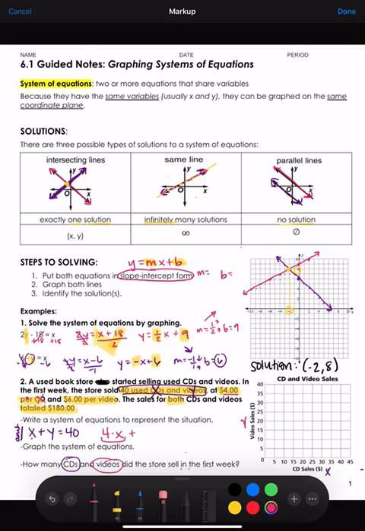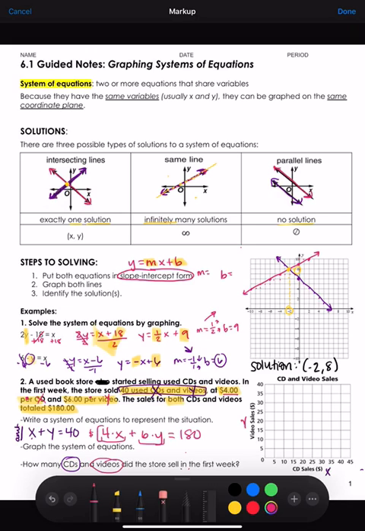And then also, they charged $6 per, which means times video, which is Y. So I have 6 times Y. And this tells me how much money was made off of the videos. And I know that the sum of the sales from the CDs and the videos was equal to 180. So this equation actually represents the money that was made off the sales.